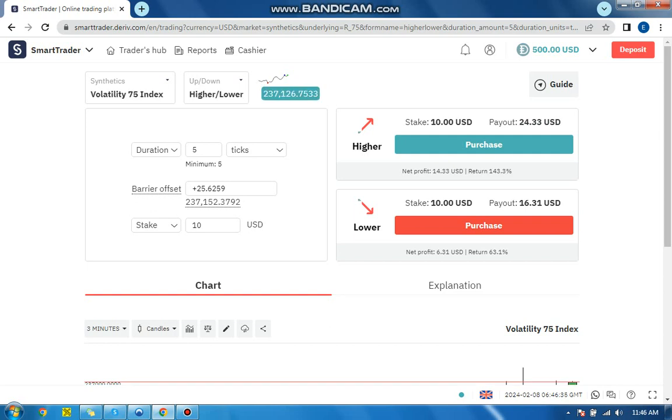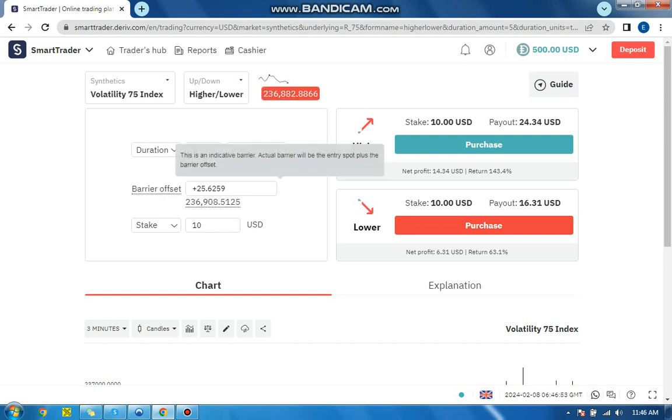So as you can see, I have selected the 75 index, as always my favorite one, and we are going to select higher/lower. The duration is going to be 5 ticks, and the barrier offset is going to be 25.6259. We have $500, but that does not mean that, in order to make 100 bucks, we have to go with the higher stake amount.